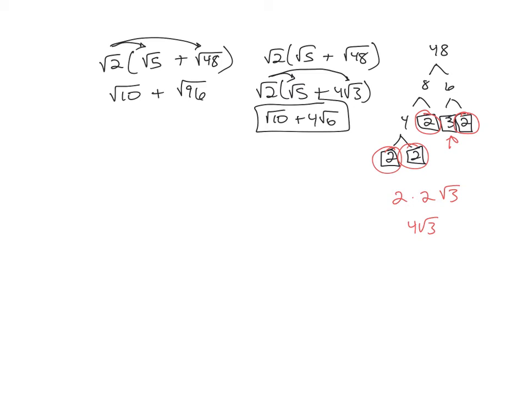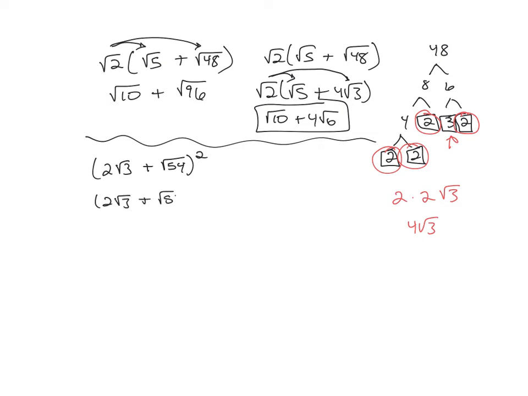So if we had something like that. So remember, this means 2 square root of 3 plus the square root of 54, and another 2 square root of 3 plus square root of 54.